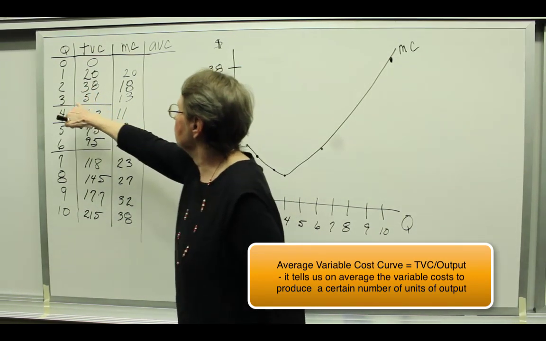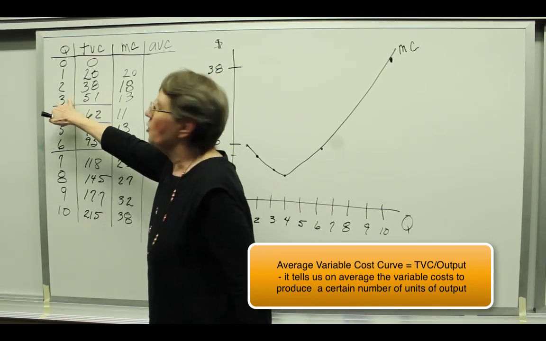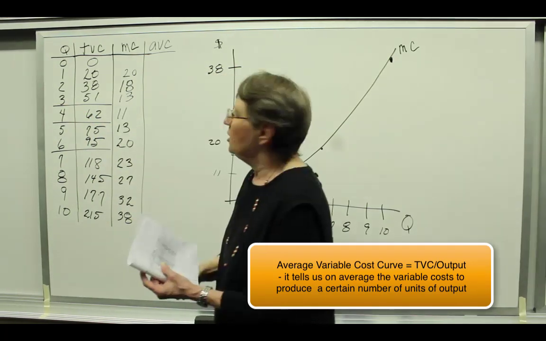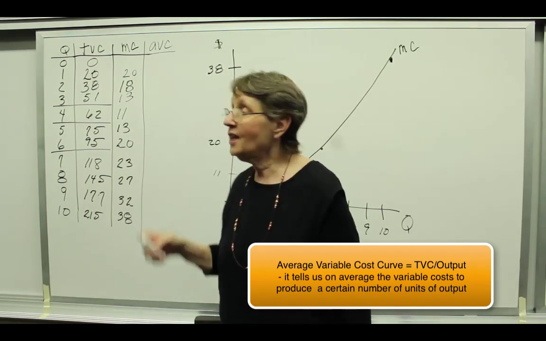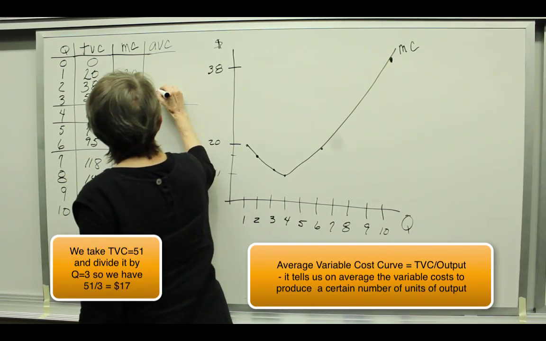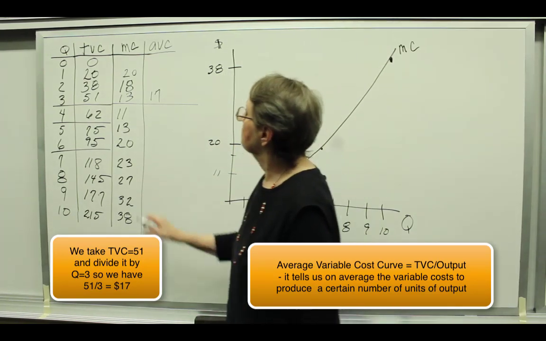On average, what is the variable cost of each of those 3 widgets? So on average, each of those widgets has $17 in variable costs associated with it.